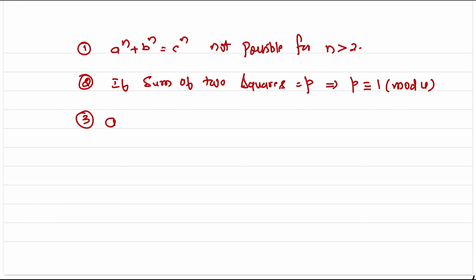Some number a to the power of 4 is equivalent to 1 mod 16 when a is 0, 1, 2, 3 up to 15. This we have used. Congruence modulo 16.